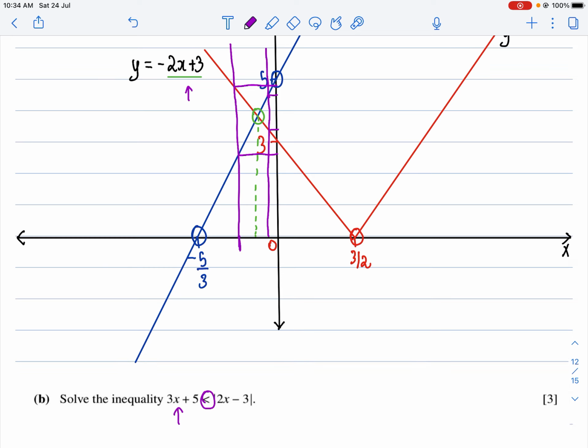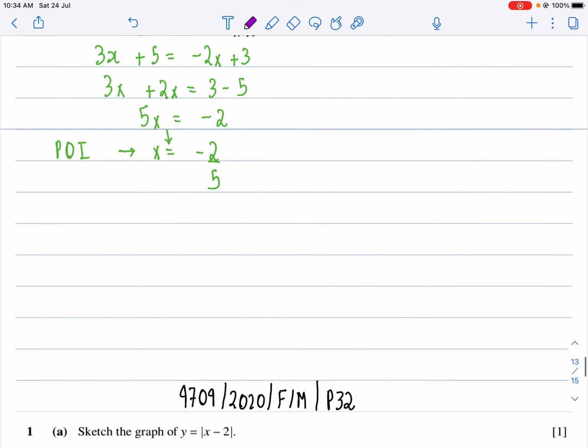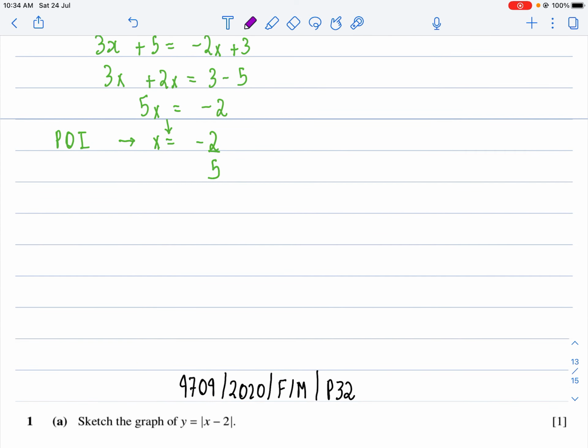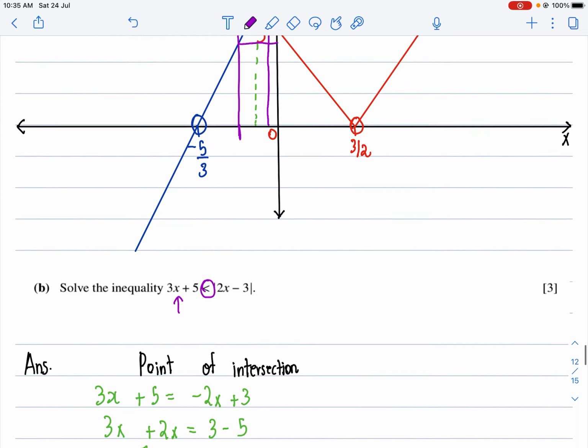It lies less than the point of intersection. So what I simply do is I write x less than minus 2 over 5. Correct? This is basically the answer. This is how you determine the sign in the middle. Okay? Got it?